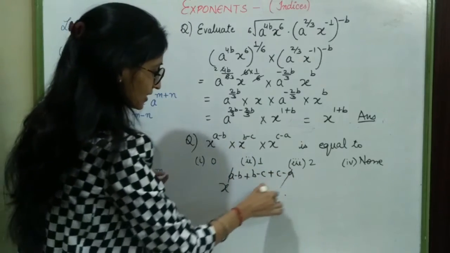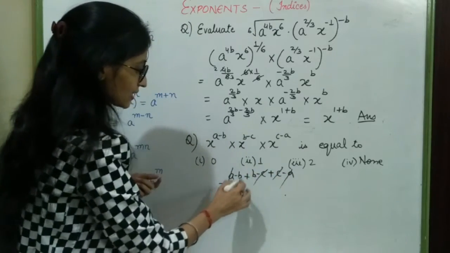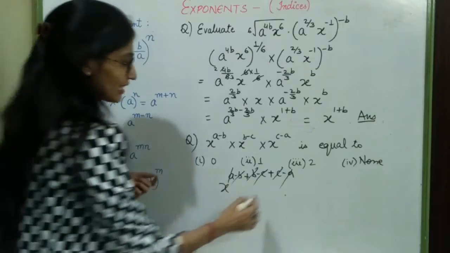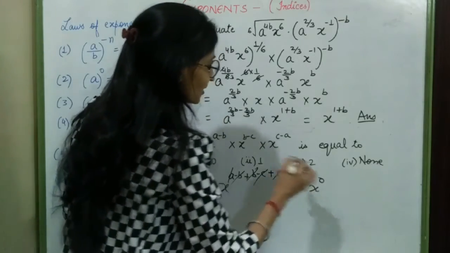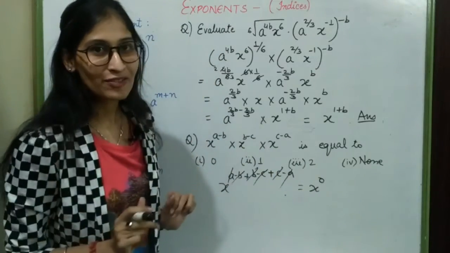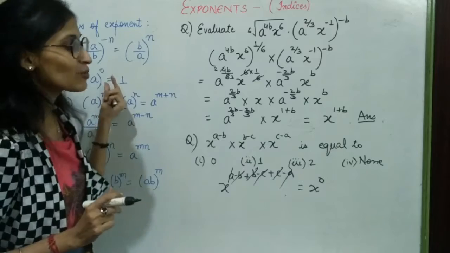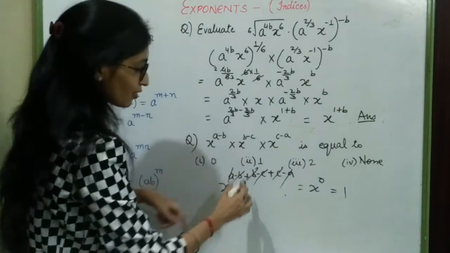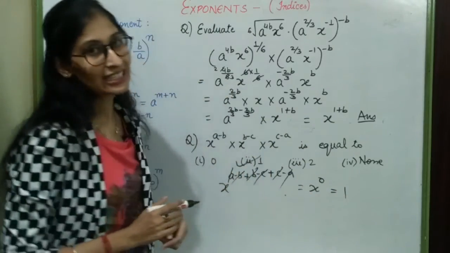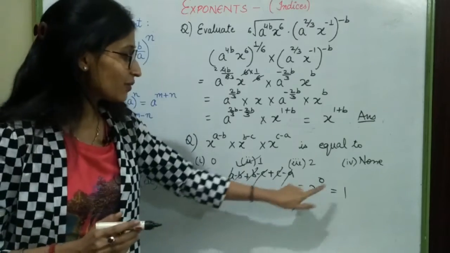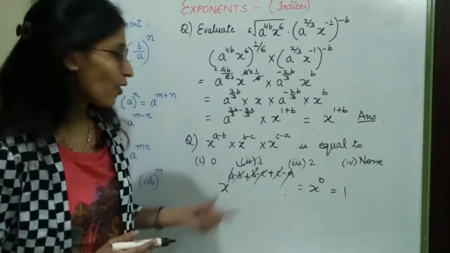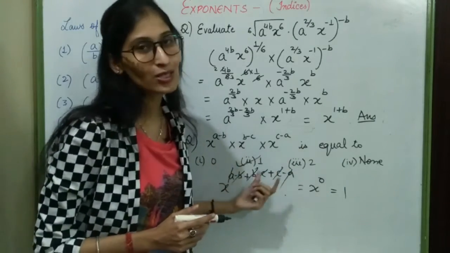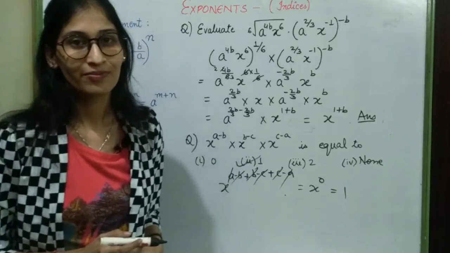So a minus a cancel out, c minus c, b minus b, x raised to power 0, and the magic of 0 is anything raised to power 0 is 1. So my correct option here is option second. Anything raised to power 0 is 1. The value of this is equal to 1.